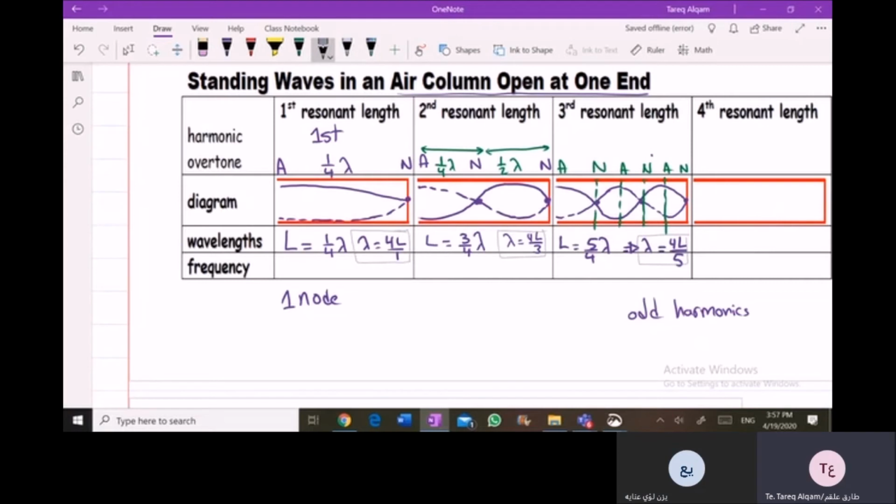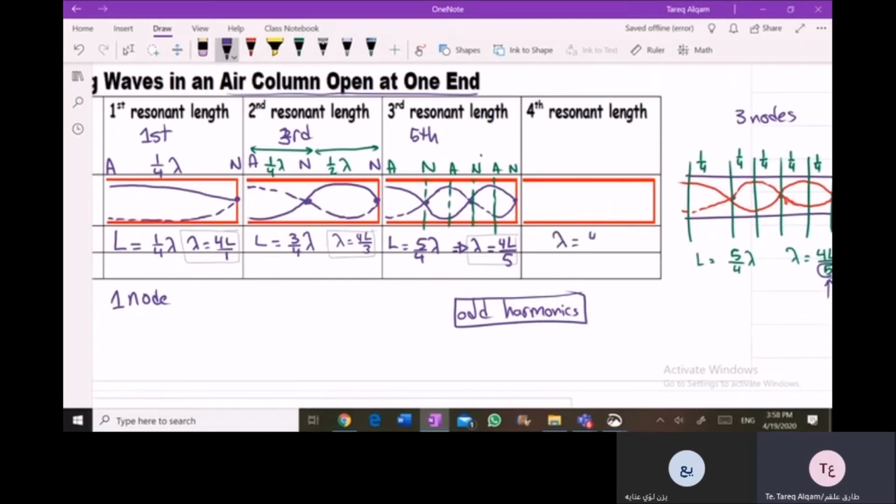This means I don't have even harmonics, I have odd harmonics. This is the third harmonic, this is the fifth harmonic. In a closed tube there are no even harmonics; they are all odd harmonics.